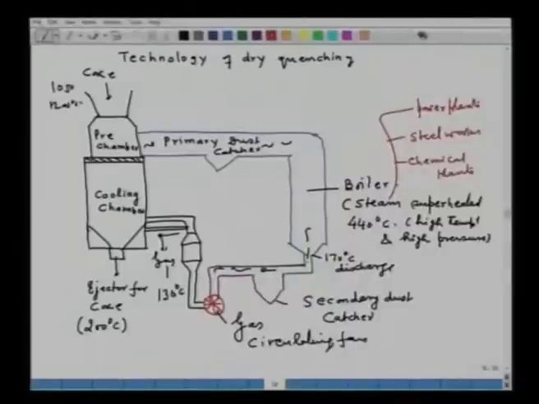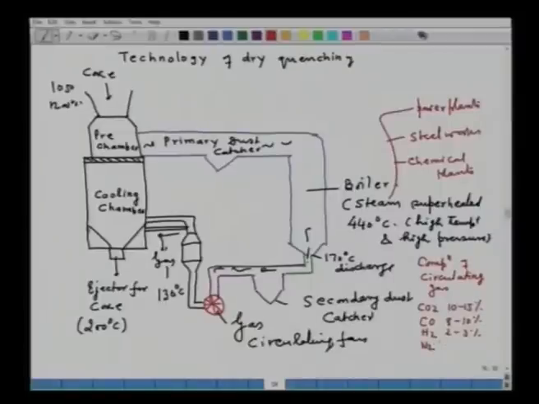The composition of circulating gas is, for example, CO2 10 to 15%, CO 8 to 10%, hydrogen 2 to 3%, and nitrogen 70 to 75%.